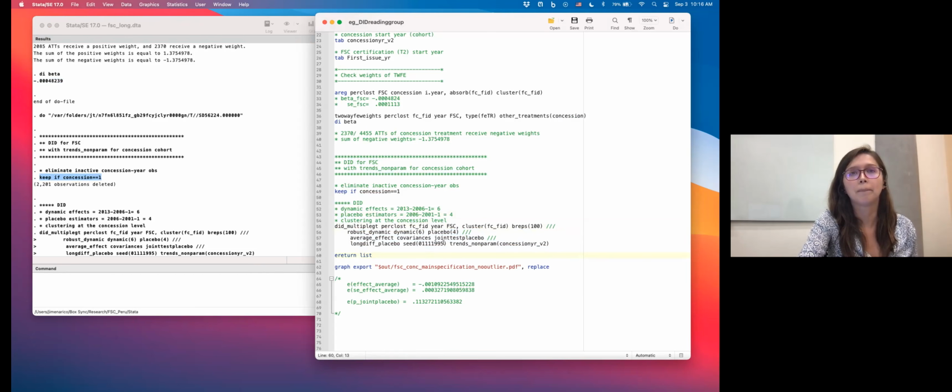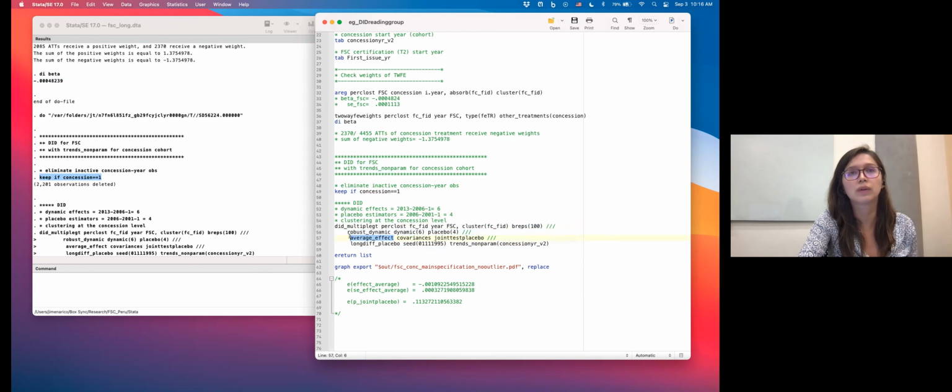Then we want to test for the parallel trends assumption. So we need to include these options: covariances, joint test placebo, and long difference placebo.